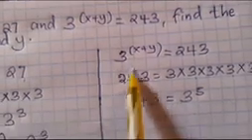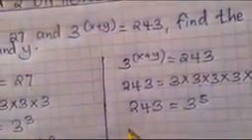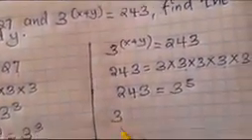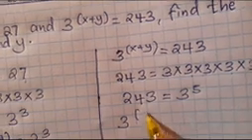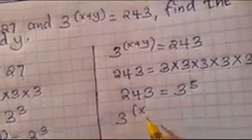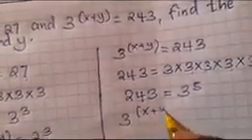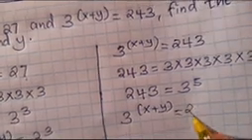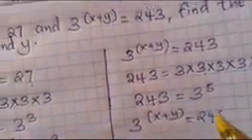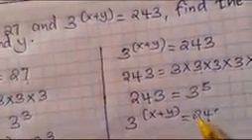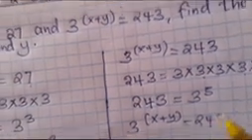So I go back to the equation, where there is 243, I put 3 power 5. So we have 3 power x plus y equals 243.